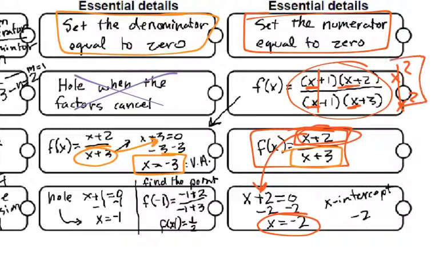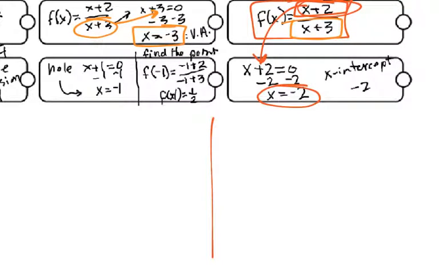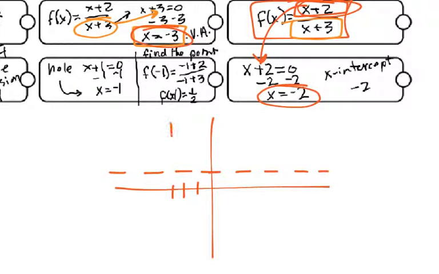Same degree means that I take the coefficients 1 over 1, so it would be 1. So if I was graphing this, my horizontal asymptote would be at y equals 1. My vertical asymptote, we said, was -3, so it would be right about here. That gives us those boundaries. My x-intercept would be -2, so I know there's an x-intercept here.